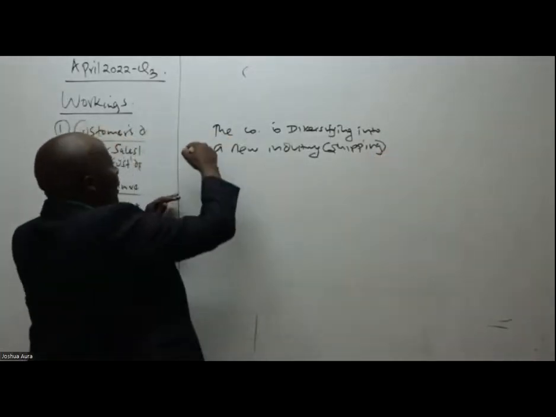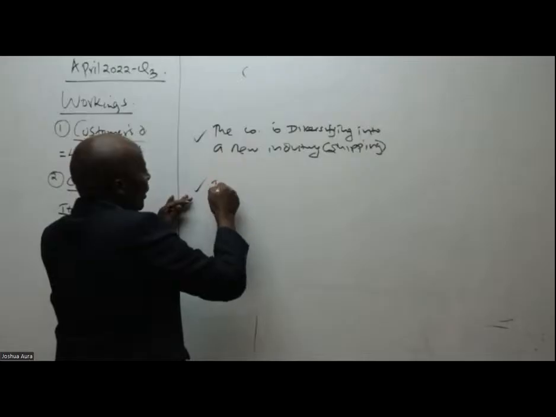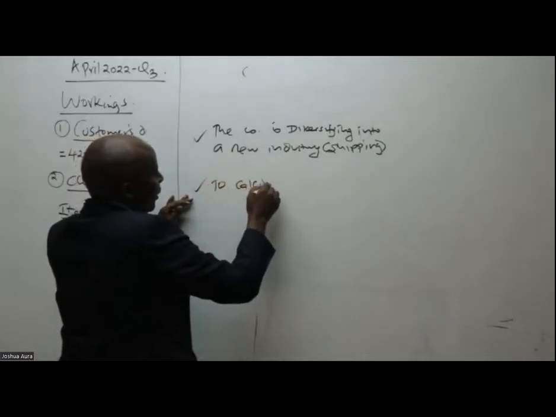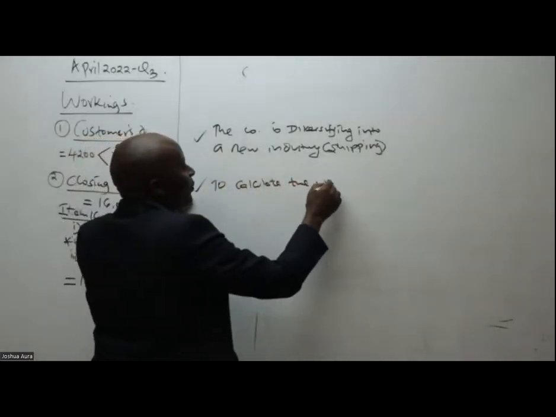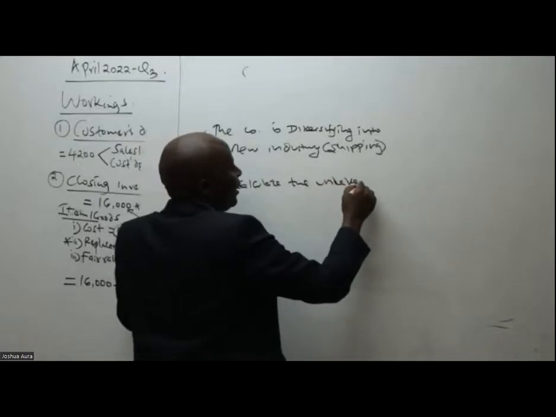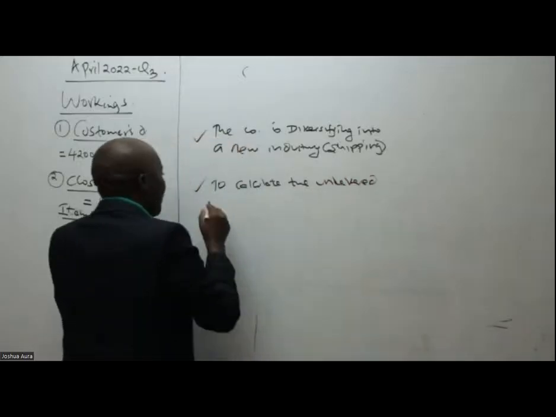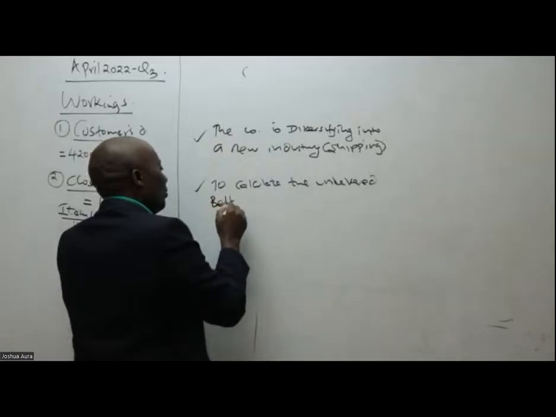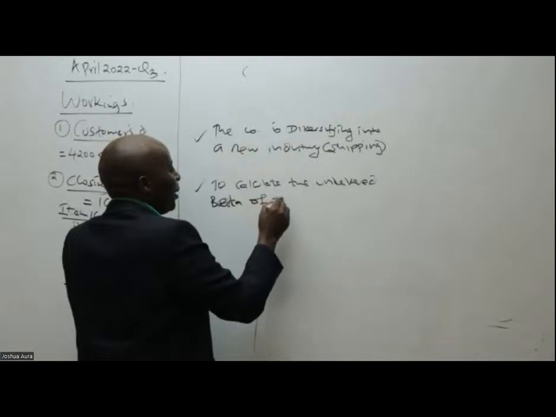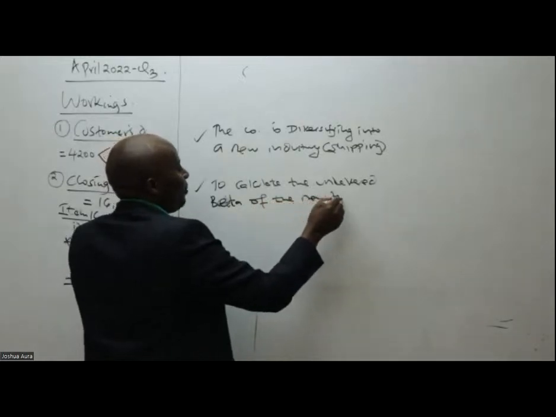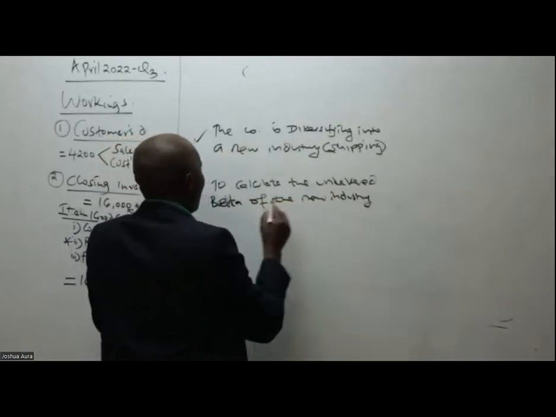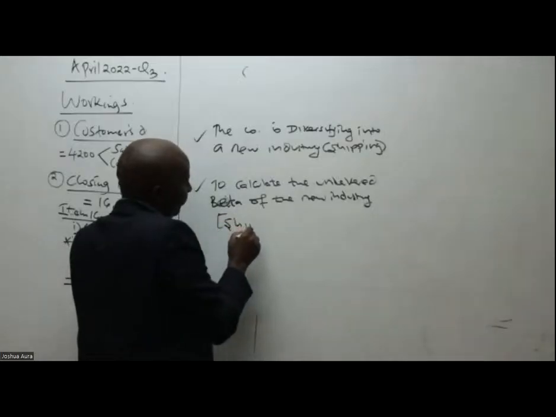So then the first thing that I will do is to calculate the unlevered beta of the new industry, which is the shipping.